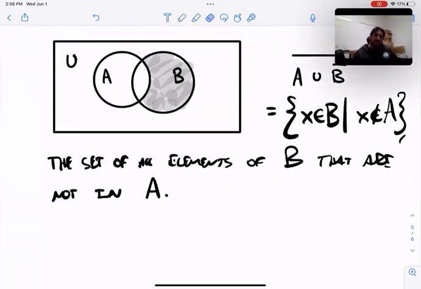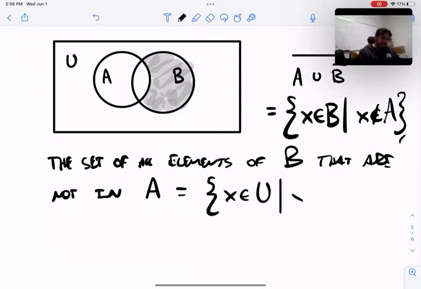Okay. Well, I claim this gives us another way to write this. Another way to say this, I need both of these properties to be true. I need X to be an element of B, and I need X to be not in A, right? You could think of X as anything from the universal set, but where X is in B and X is not in A, right?